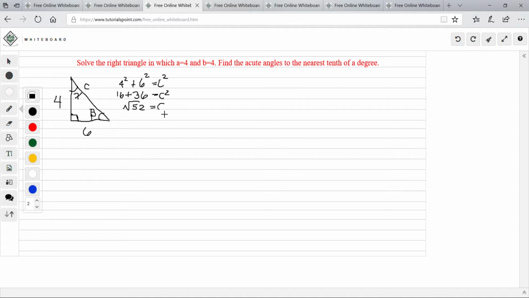That equals c, and that simplifies to 2 root 13. So right here, our hypotenuse, or c, equals 2 square root of 13. So we're going to find out these two angles, alpha and beta.